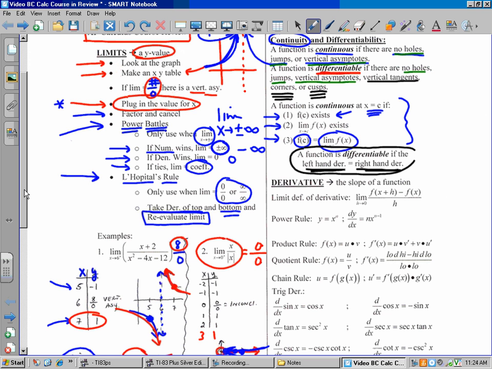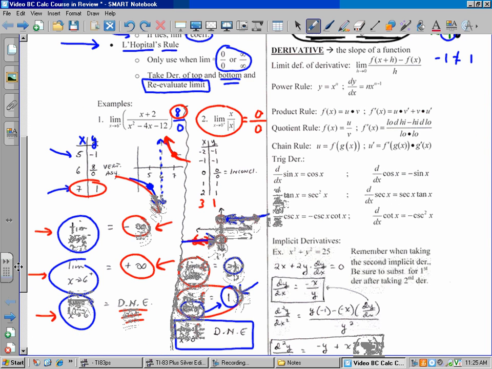Because if we just very simply looked at the graph of y equals the absolute value of x, that is not differentiable at x equals 0 because the slope as we come in from the left, the slope of this piece here is -1, and the slope as we come in from the right, the slope of this here is +1. So -1 does not equal +1. So therefore, the function is not differentiable at that corner. But notice it is continuous.